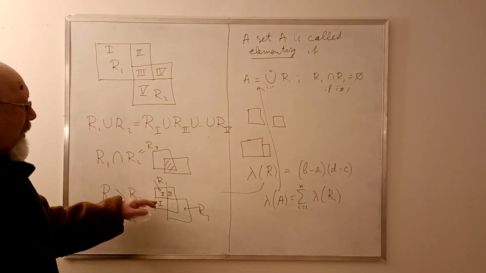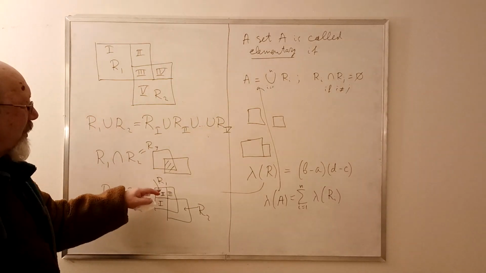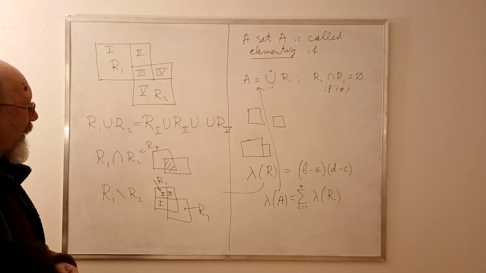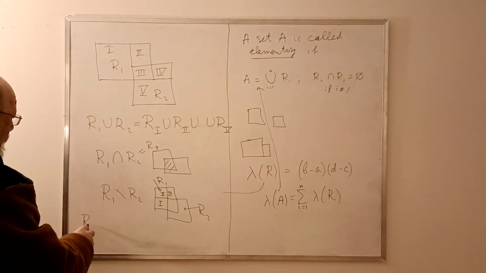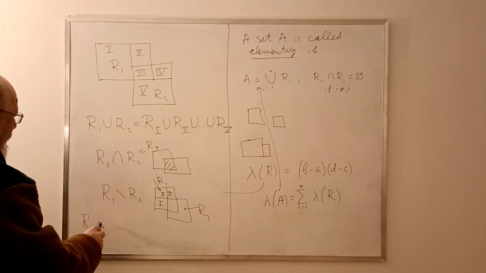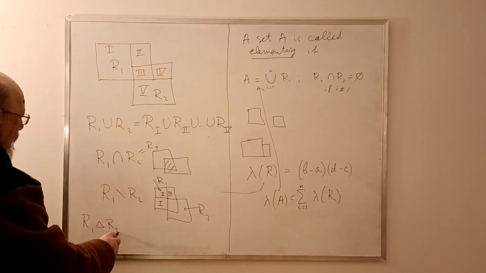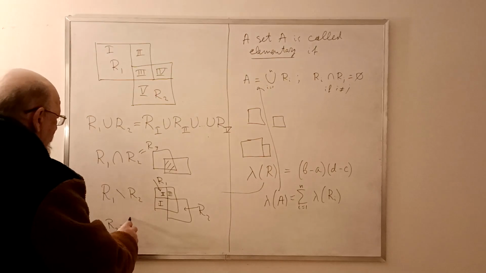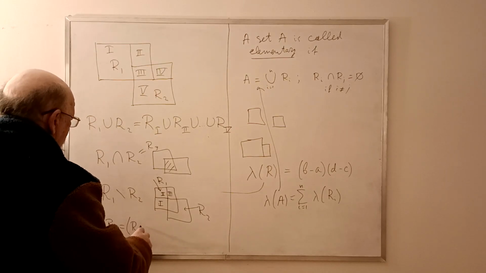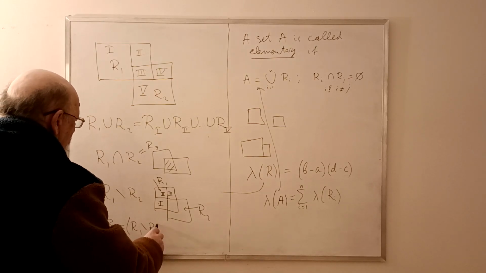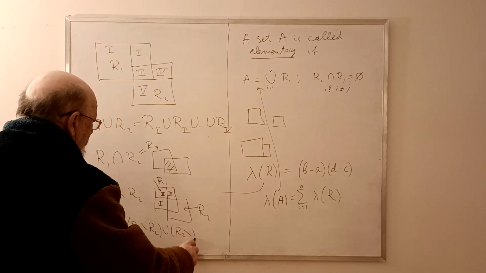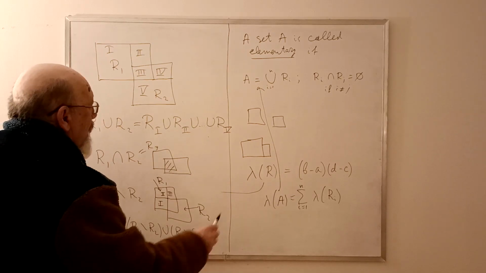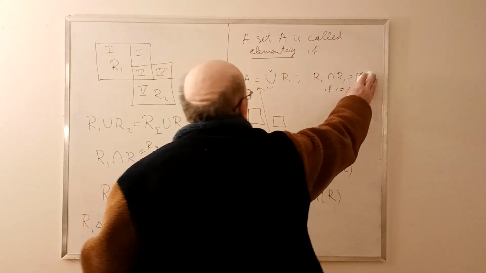So it is also an elementary set. Another thing is the symmetric difference: R1 symmetric difference R2 equals R1 minus R2 union with R2 minus R1.